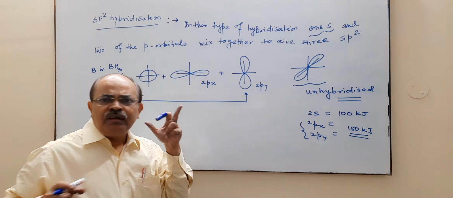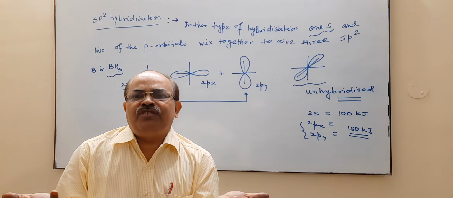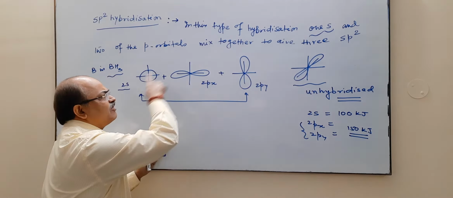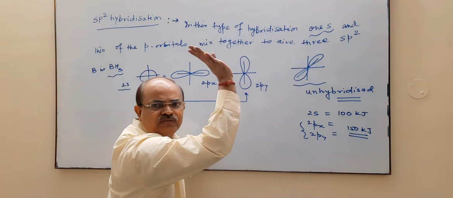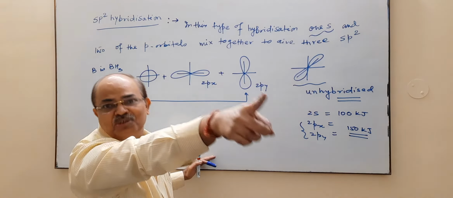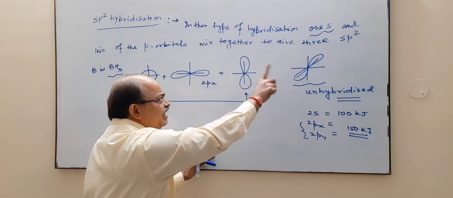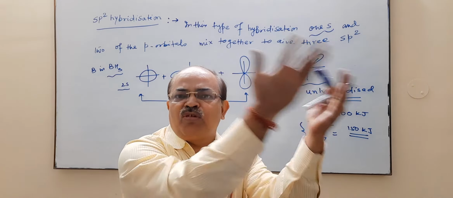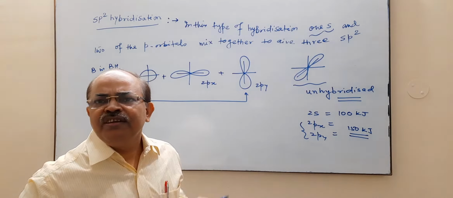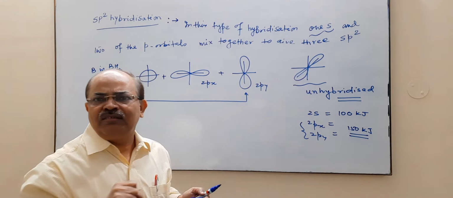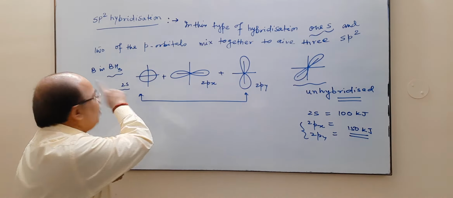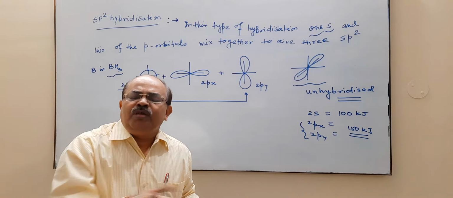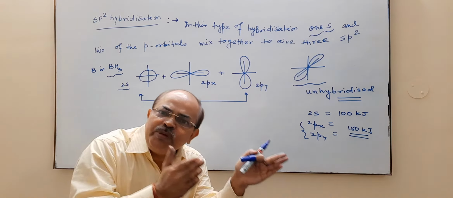Now what happens during hybridization? What is hybridization? Hybridization is intermixing of these three, not the fourth. The fourth will be involved in sp3. If this also mixes, then the hybridization is sp3. When there is a requirement we will see sp3 also, in the case where such a requirement exists. But in this case, in boron in BH3 or boron in BF3 or boron in BCl3, we have only the requirement of sp2.